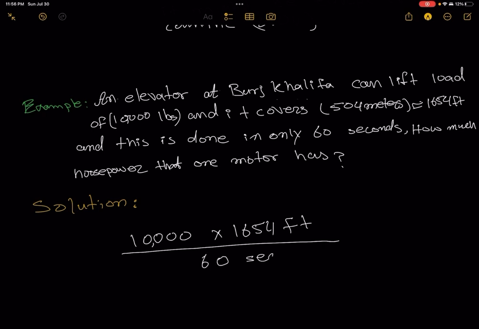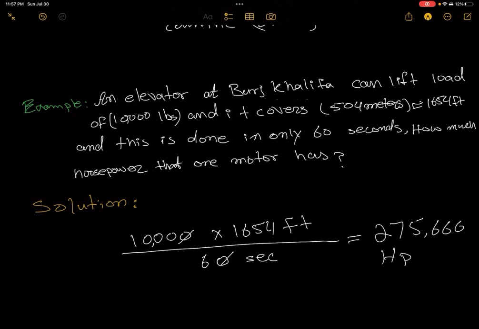I can tell you that it will be a big motor, according to the horsepower. So this 0 will go with this 0. Now let's do some math here. 1,000 times 1,654 divided by 6. That is a big motor: 275,666 horsepower.